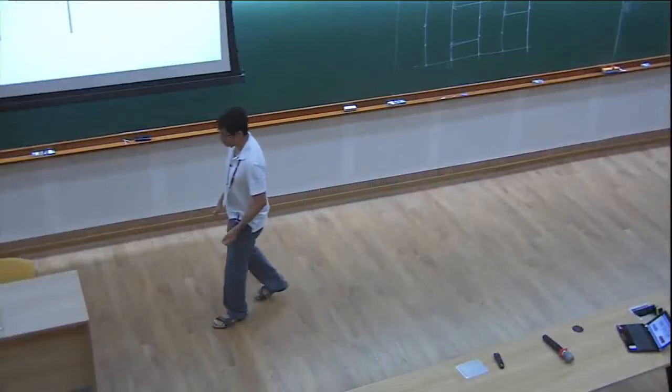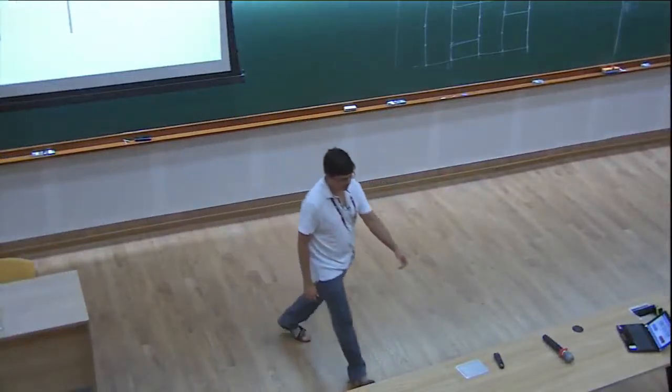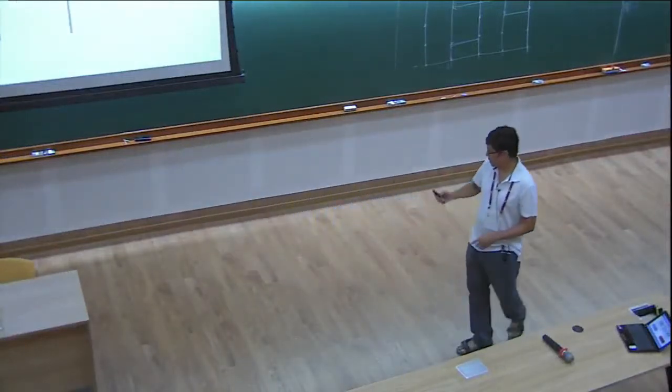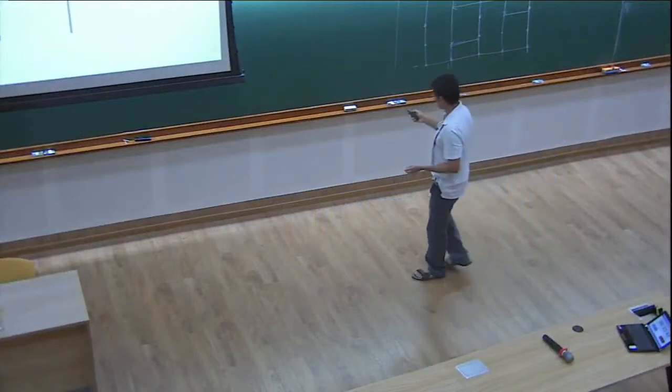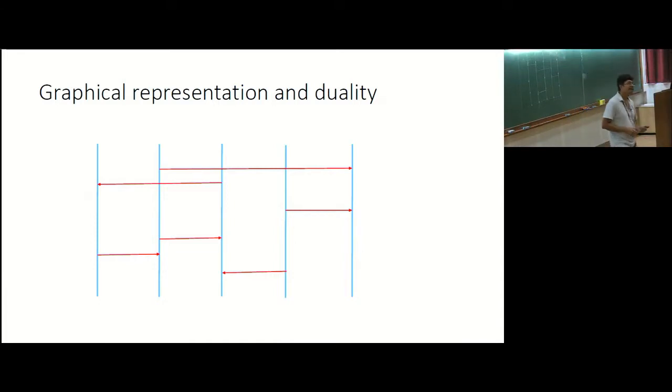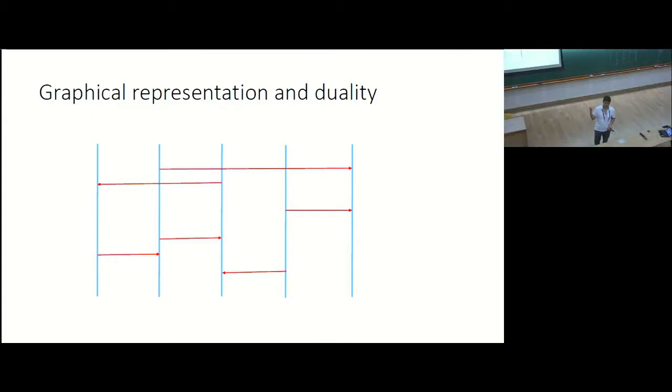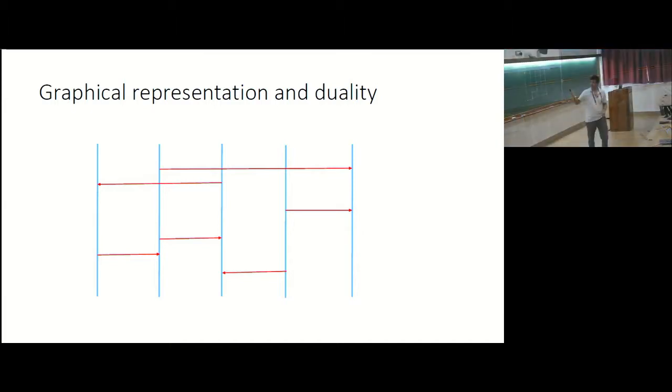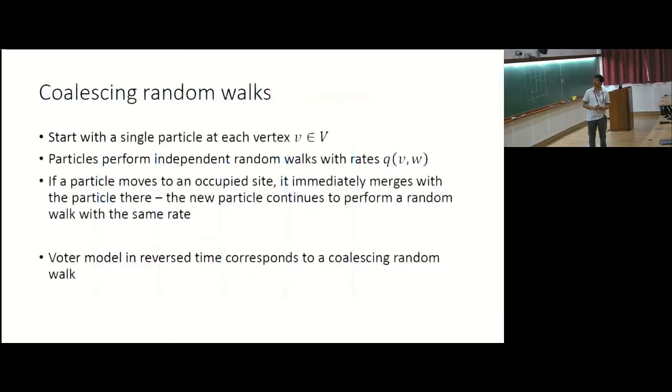Okay, good. So where did I put this? Okay, so that's the coalescing particle representation of the voter model backwards in time. We can use that to answer many of the questions I asked earlier. Sorry? It's a finite graph mostly, but we can also answer the infinite lattice using this representation, which I'll do just now.